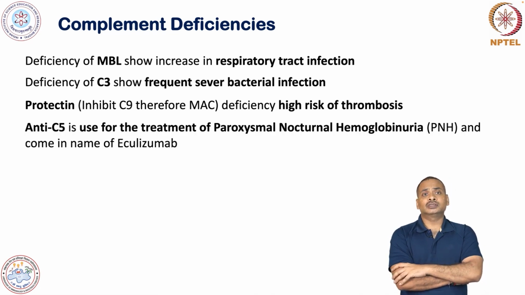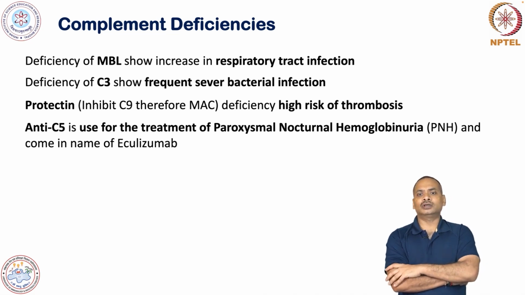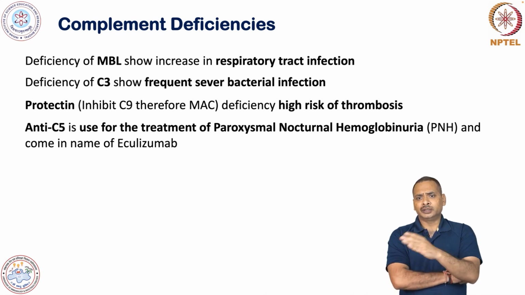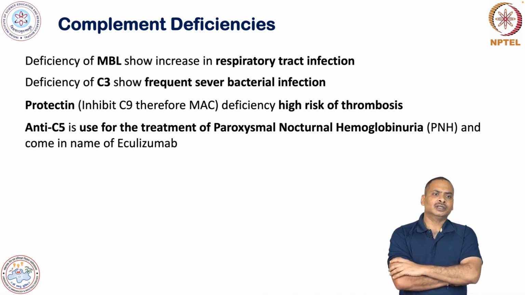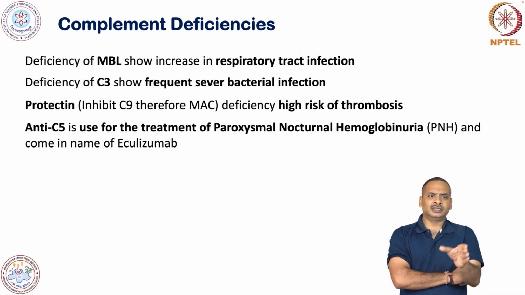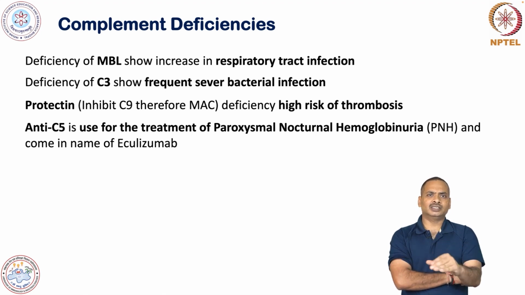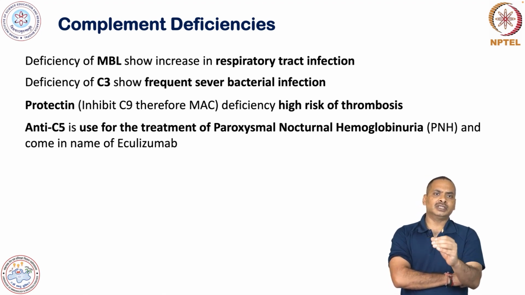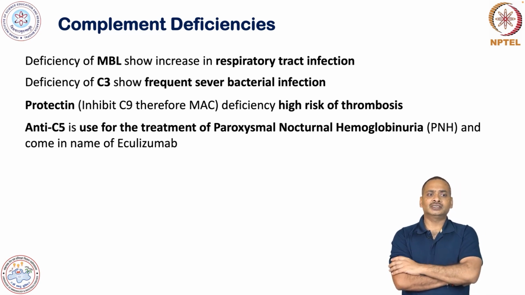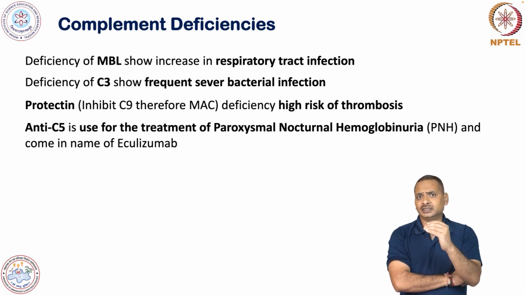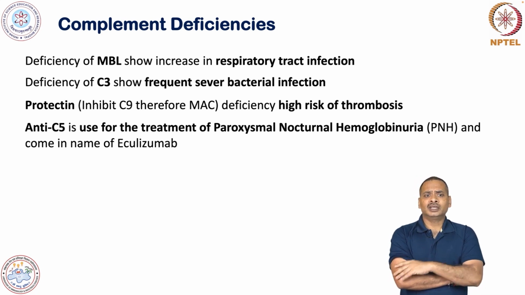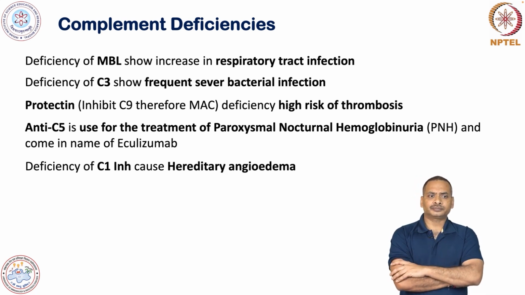Anti-C5 is used for the treatment of paroxysmal nocturnal hemoglobinuria that I have told you about. The name of the drug is eculizumab, a monoclonal antibody against C5, and it is used for the treatment.